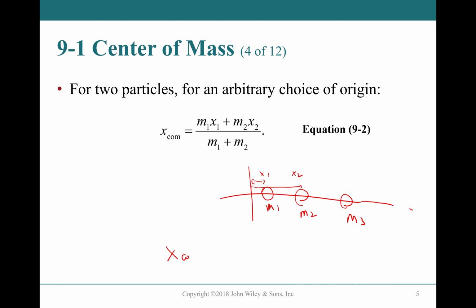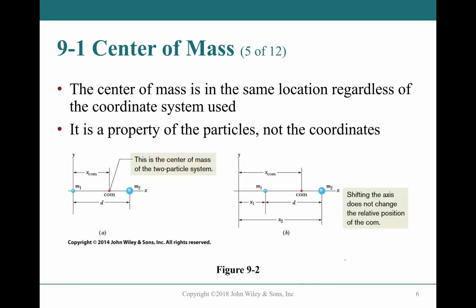The center of mass equals m1 x1 plus m2 x2 plus m3 x3, and if you have more, you add more, divided by m1 plus m2 plus m3, plus all the masses you have in the system.